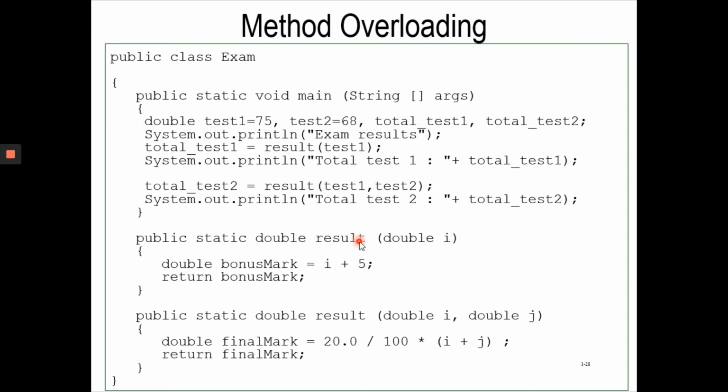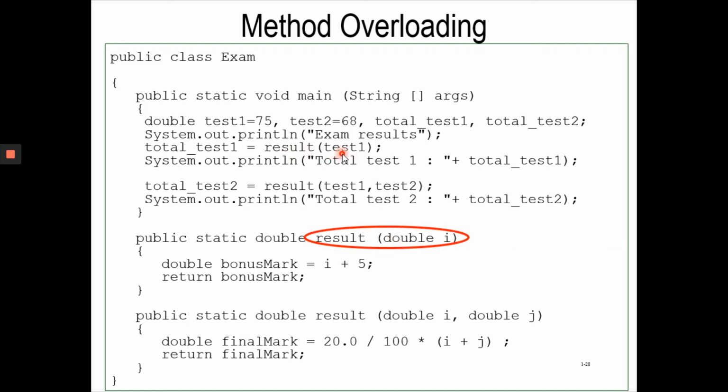So how are you going to decide which one to execute, because you have two result methods here? It depends on the number of parameters that you are sending. In this case, you are sending only one parameter, so you need to go to the method that accepts only one parameter.